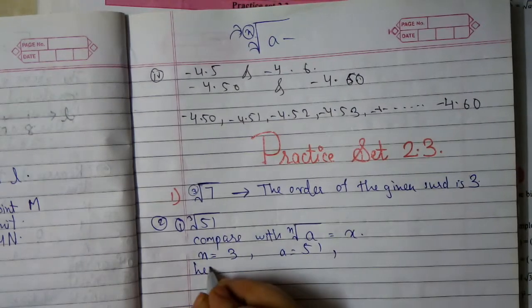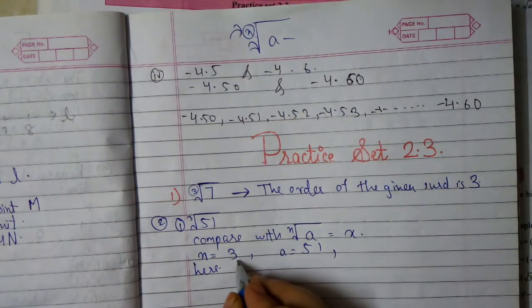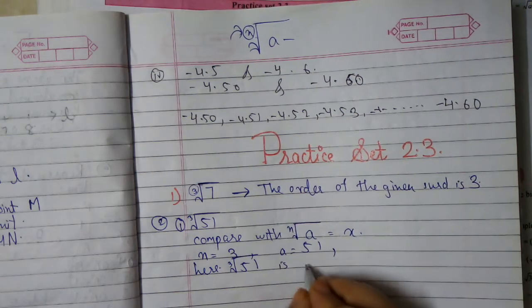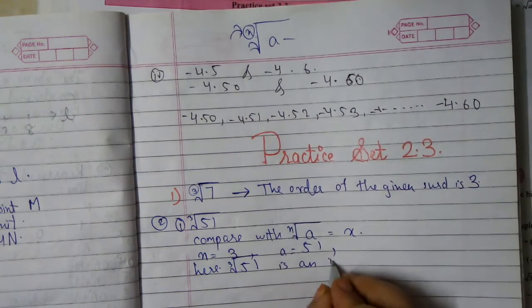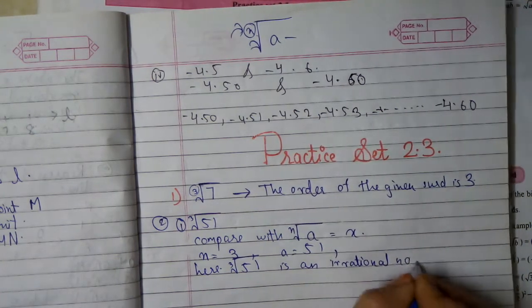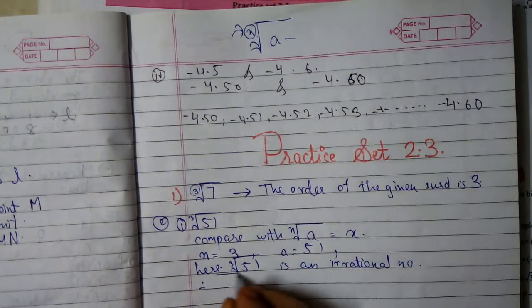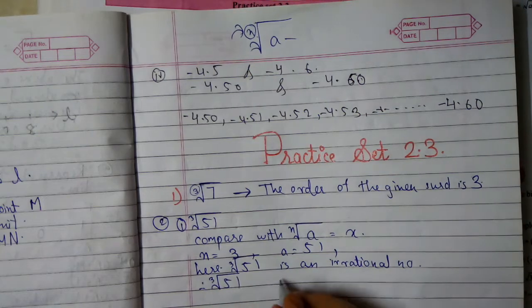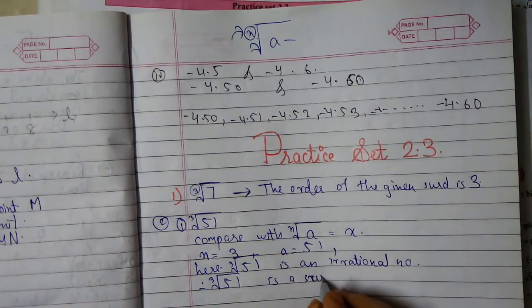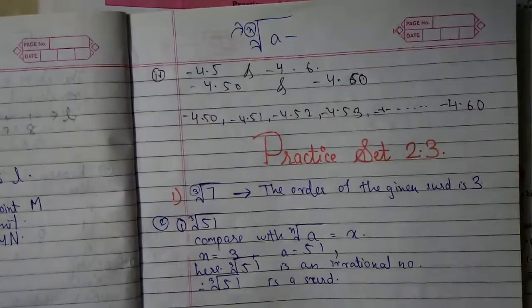Here cube root of 51 is an irrational number, right? Because it cannot be factorized. It is an irrational number, and therefore cube root of 51 is a surd. So always remember, student, a surd is an irrational root.